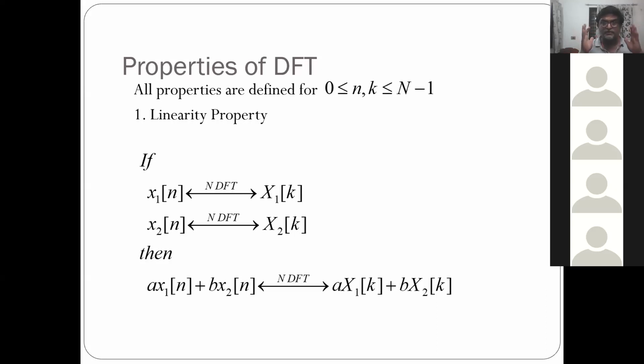So the spacing between the samples will be equal to 2 pi by 6 in this case, because there were 6 samples in x of n, and there are 6 samples in X of k. You have discretized the frequency spectrum by taking 6 samples, which covers the range from 0 to 2 pi. So the spacing between the samples is 2 pi by 6. Understood?